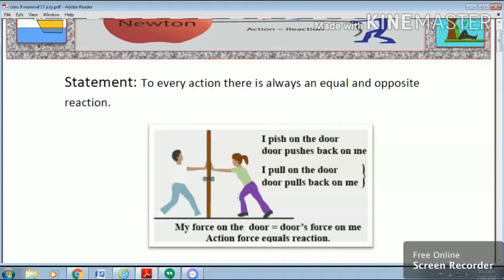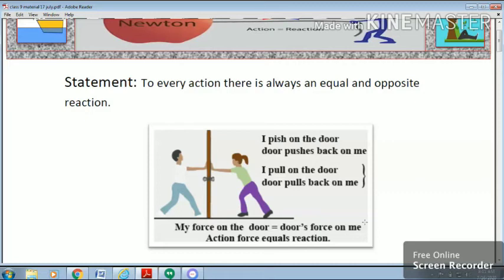That is the action. Now your hand experiences a reaction force exerted by the wall or by the door on your palm. That is the reaction. So my force on the door is equal to the door's force on me. Hence action and reaction are equal to each other. Magnitude is equal but direction is opposite.